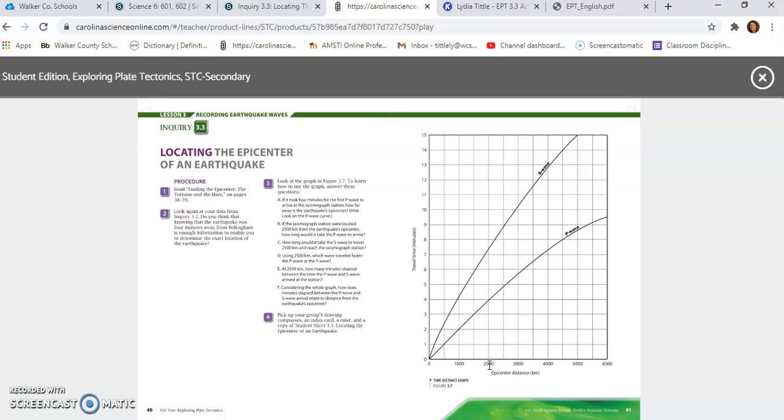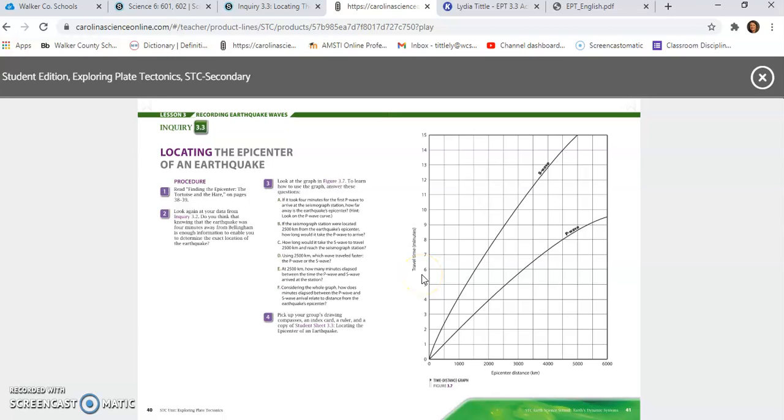All right, question B says, if the seismograph station were located 2,500 kilometers from the earthquake's epicenter, how long would it take for the P wave to arrive? So if we go to about where 2,500 kilometers would be and go up, we would see that it takes about 5 minutes. So 2,500, 5 minutes.